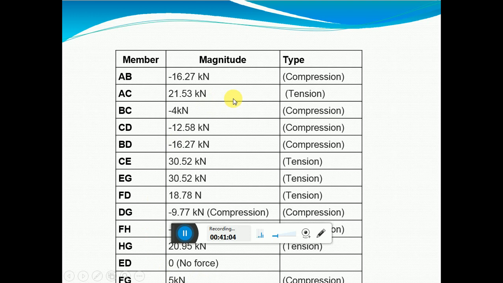After finding out all the forces, please tabulate them like this and write down. If it is negative, write down compression. Positive means write down tension. That is how we solve the forces in each member. If you go methodically and systematically, drawing the free body diagram for each joint, referring to the given figure without making any mistakes, you can arrive at this last tabular column.